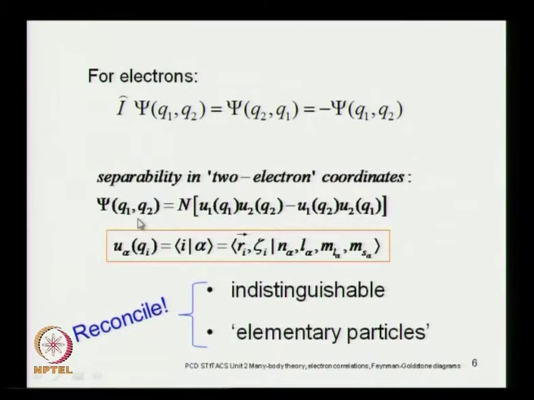So, the 2 electron wave function is written as a product of 2 one electron functions, but the product must be an antisymmetric product, as we have discussed in detail in our previous course in atomic physics in the discussion on the Hartree-Fock.